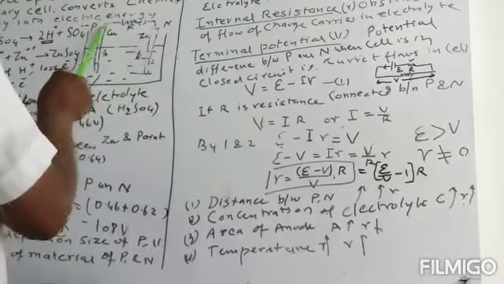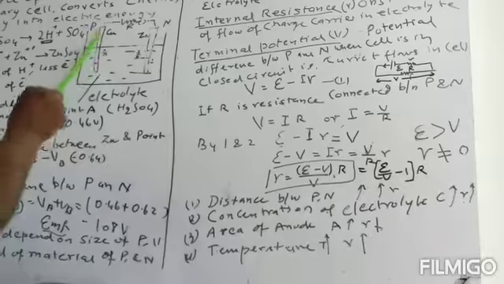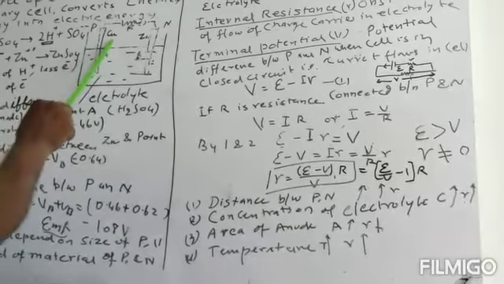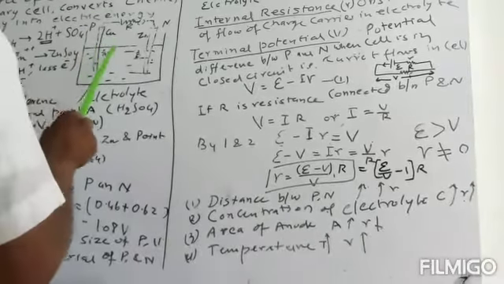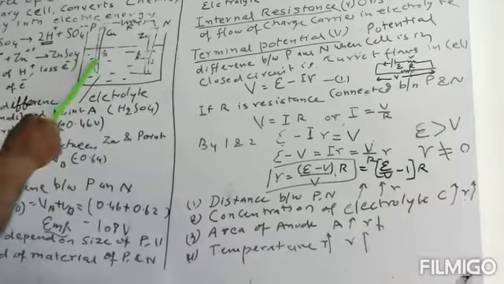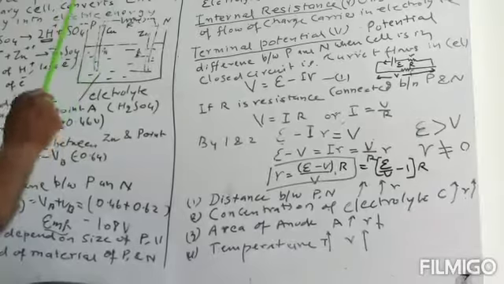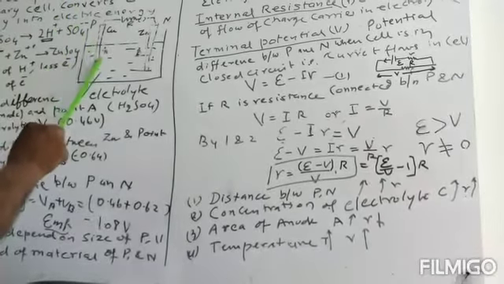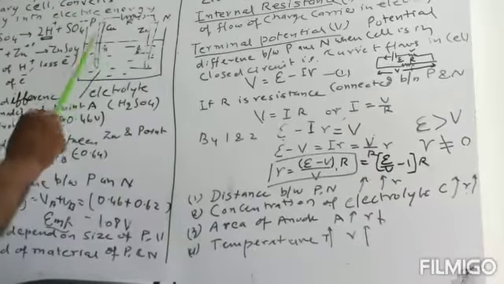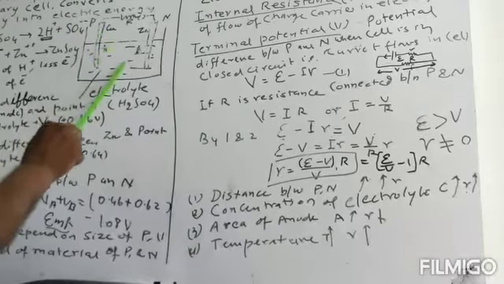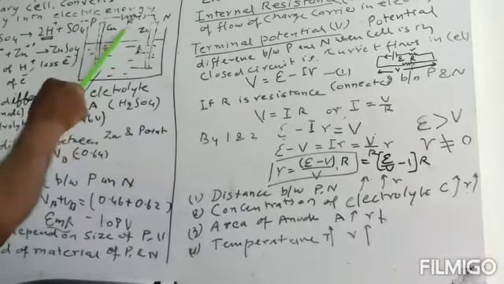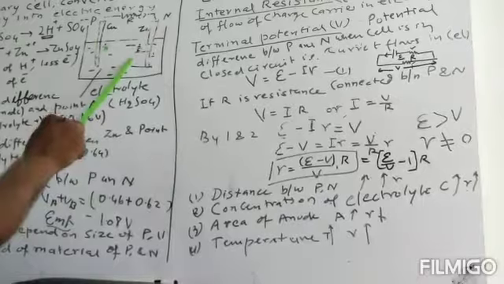Second, if we increase the area of cross section of the positive electrode, that is copper, where hydrogen ions give their charge, then the resistance will be less. So as the area increases, the internal resistance decreases.